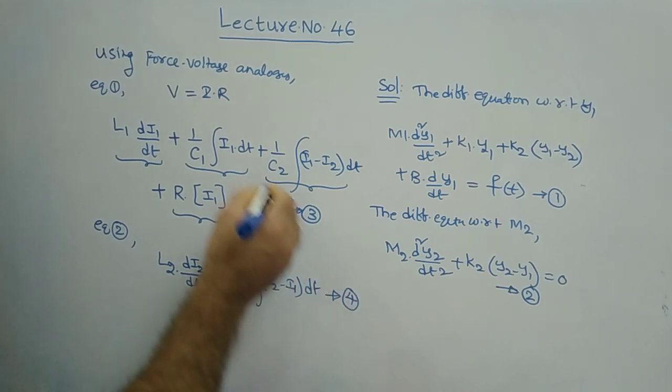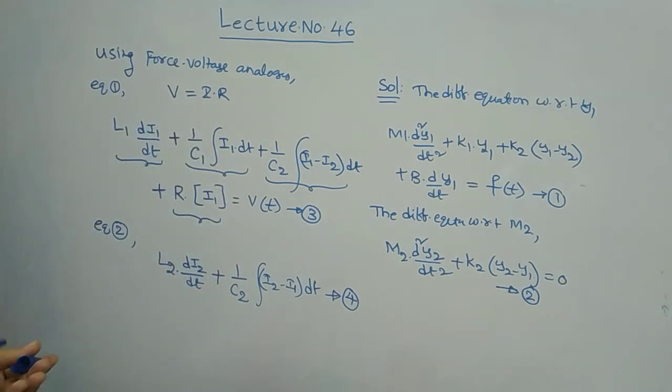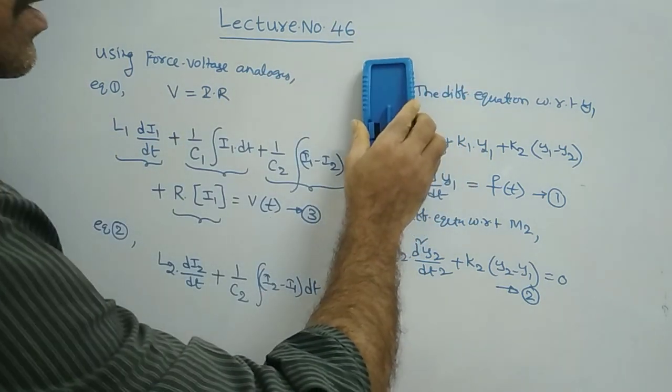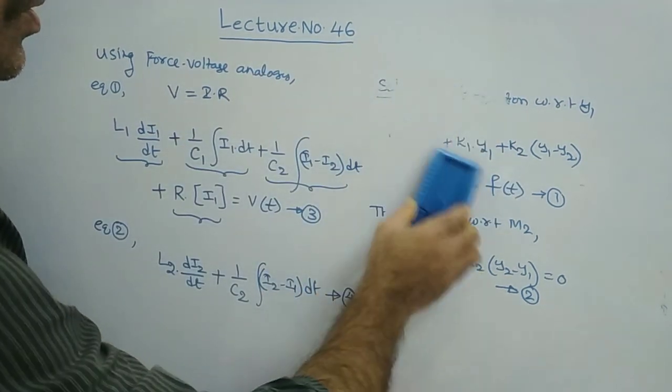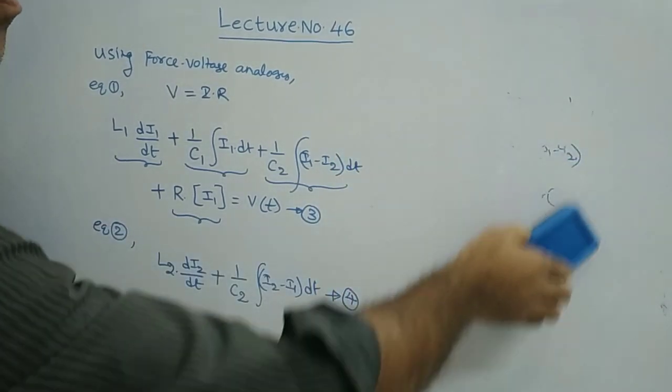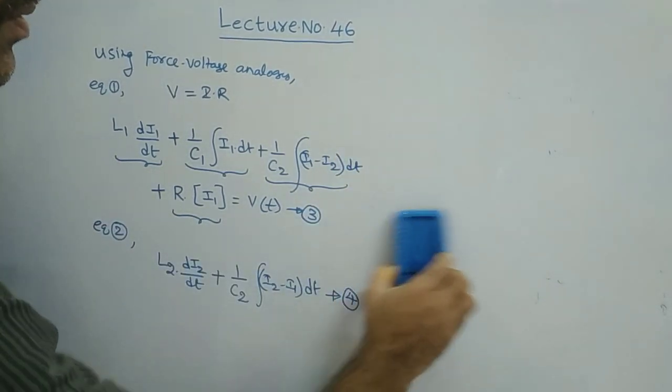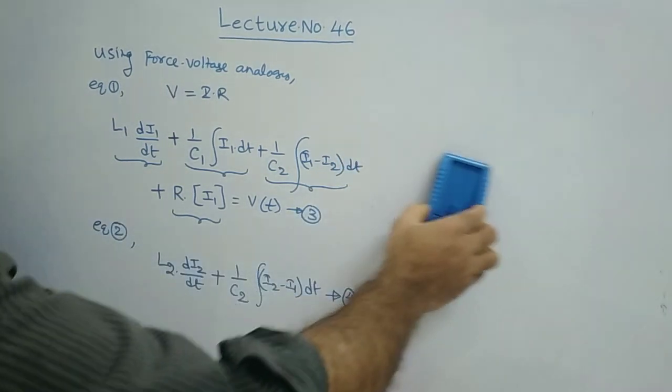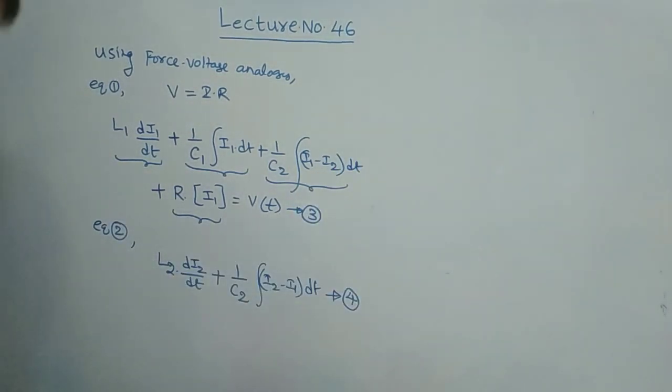Now from these equations 3 and 4 you can draw the electrical equivalent circuit. So the electrical equivalent becomes like this. From these two equations you can draw both, force voltage as well as force current.